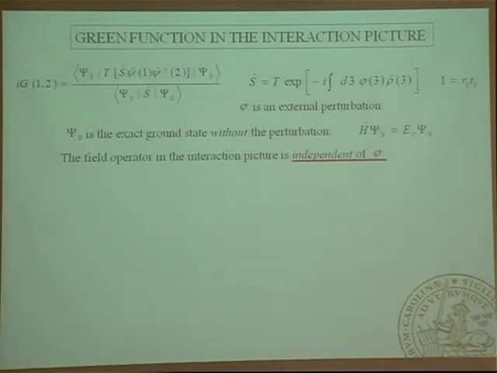So in this representation, this field here is in the interaction picture. As we saw yesterday, this field is then independent of the phi. That is an important point: the field is independent of the phi, and it is defined in this way.